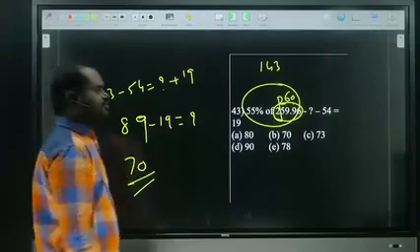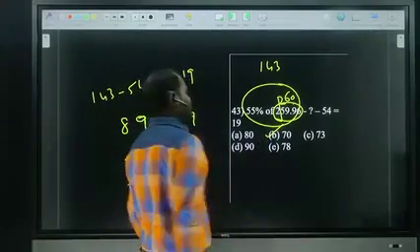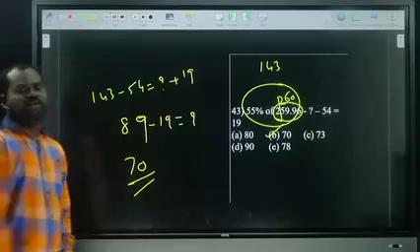So what is the answer? Option B, 70. Is it clear?